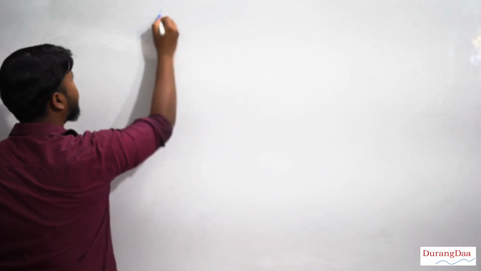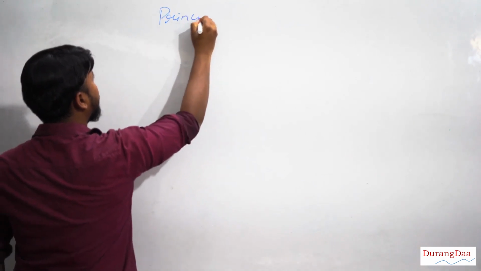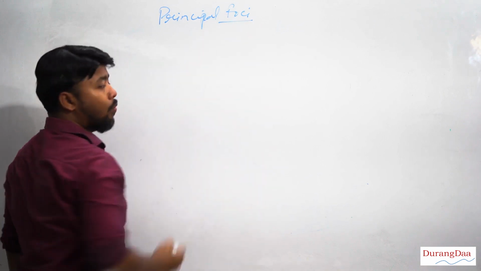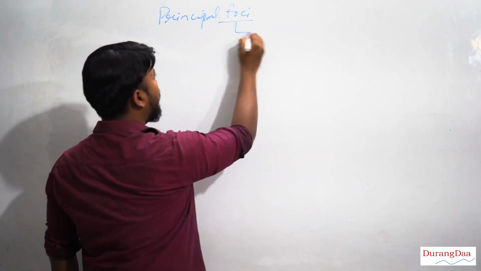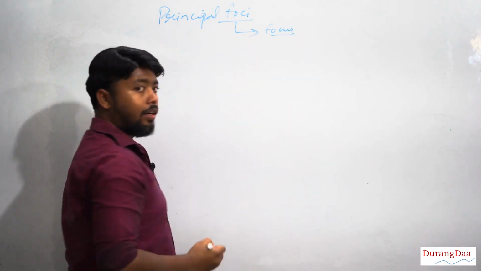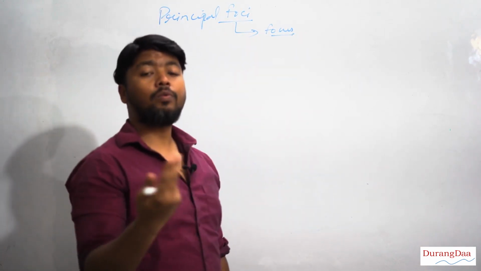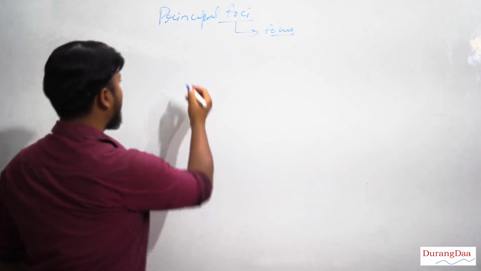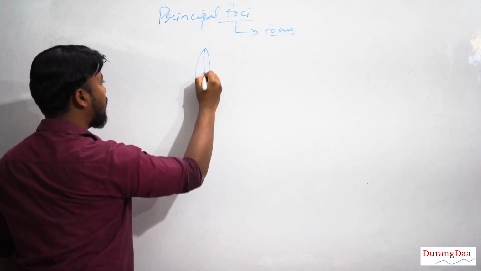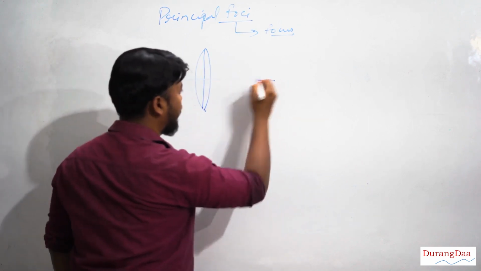The next technical term that we are going to cover is principal foci. Now let's try to understand it. The word foci is the plural of focus, that means more than one focus point. Suppose this is one convex lens. Already we have studied the diverging and converging nature of lens.